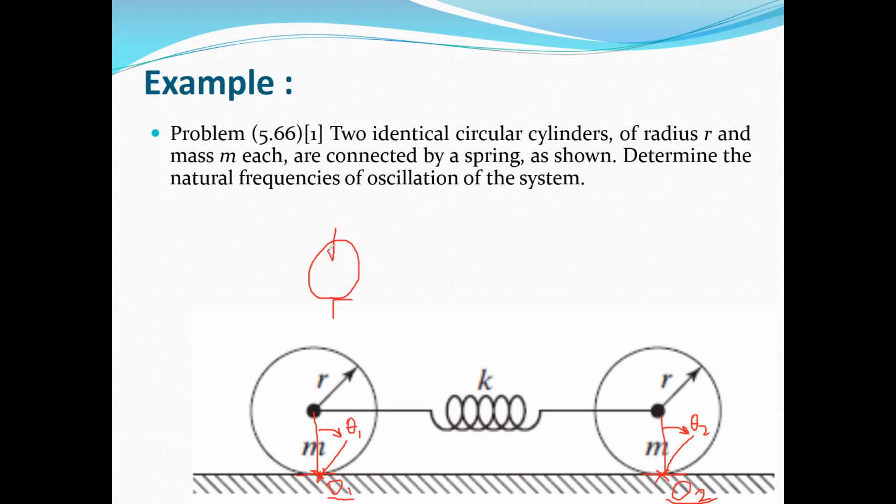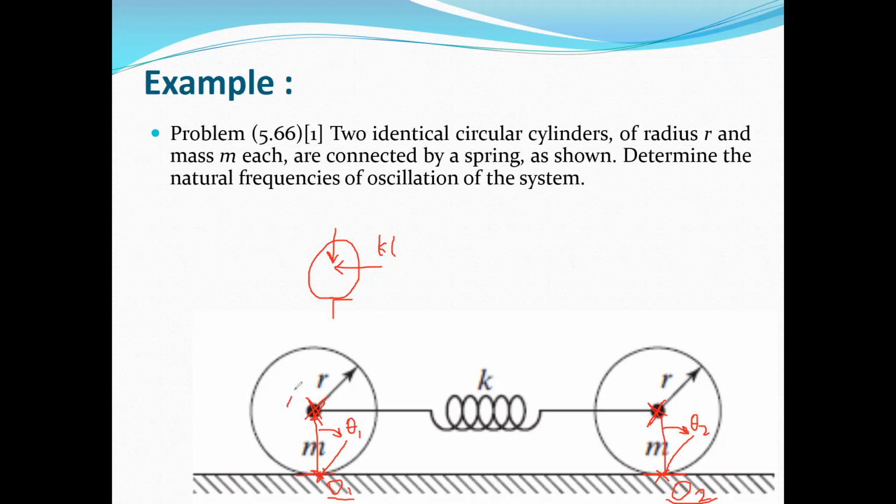We have the weight of the cylinder, and also we have one force due to this spring, which is K times the displacement. But for the spring, you can see that both ends, this edge and this edge, are moving to the right. So if we assume the direction of the force is to the left, as I plotted here, the force in the spring is K times the displacement of this point minus the displacement of this point.